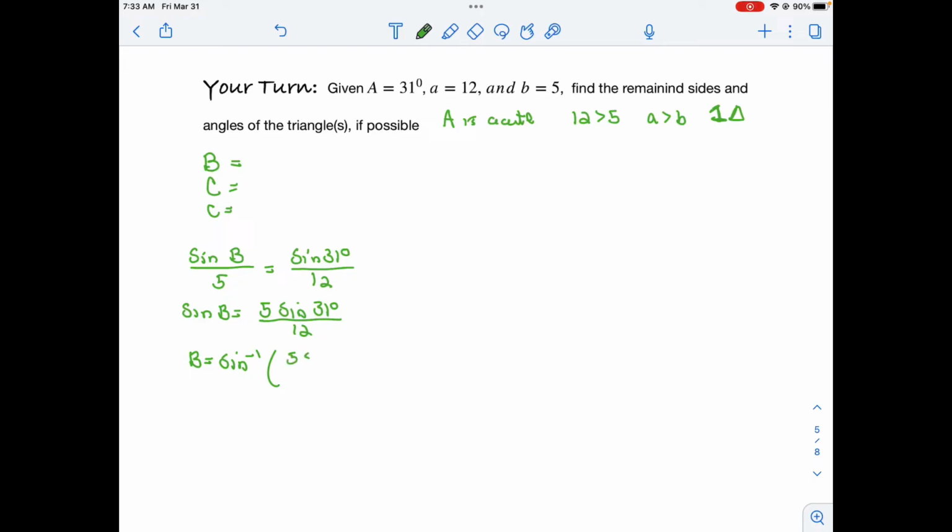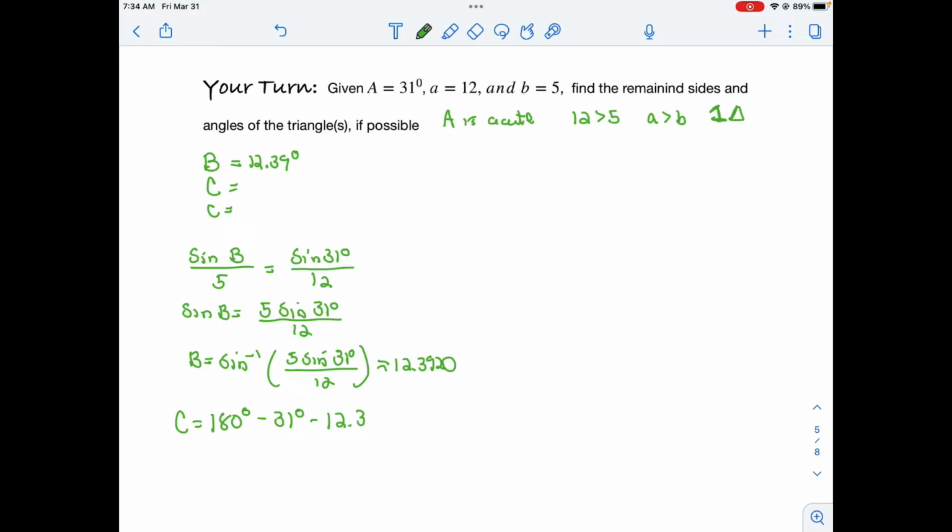So the inverse sine of 5 sine of 31 degrees divided by 12 will equal approximately 12.3920. I'm going to use those 0.3920 in future calculations.